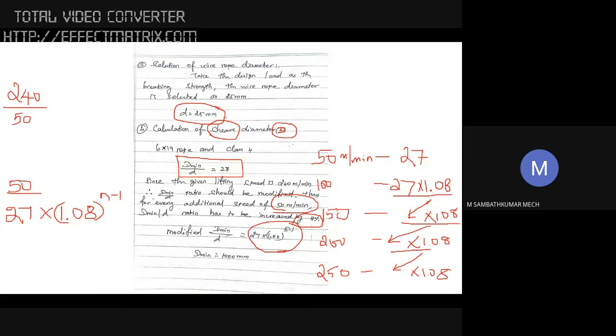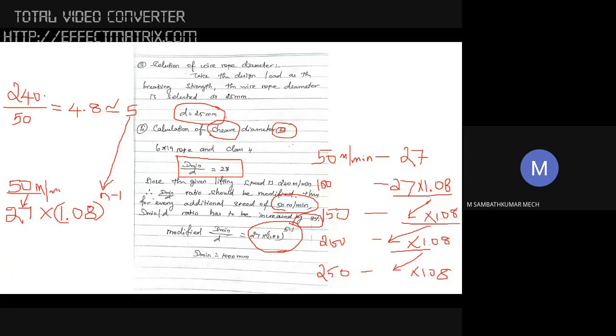So 240 divided by 50, you will get around 4.8. It is always taken as 5. So this is your n value. For 50 meter per minute, the value is 27, and you know the total velocity of rope is 240 meter per minute.